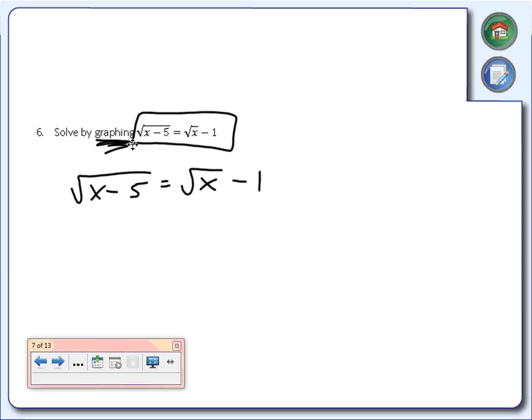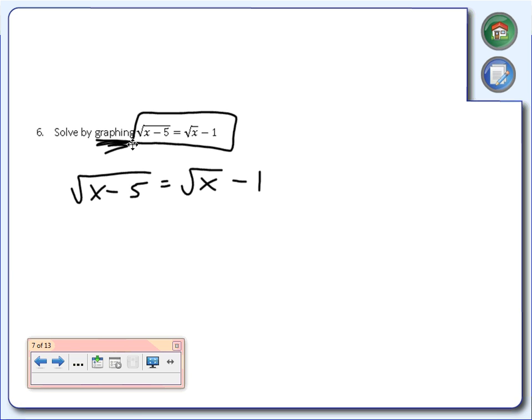Number 5, we've been here before. Number 5, intersect. What we're going to have to do is hit enter 3 times to find that point of intersection. Now we had a little trouble earlier, so if you're having trouble, try and get the little blinking cursor as close to that point of intersection as possible.